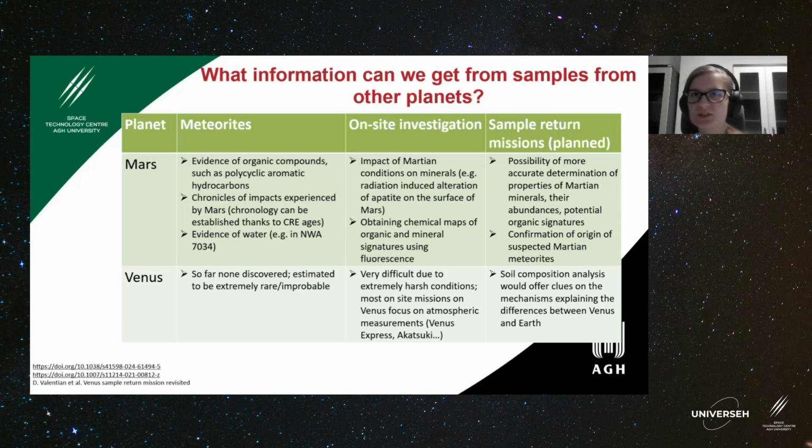On-site investigation of the Martian environment informs about the impact of Martian conditions on minerals. For example, such a mission confirmed that apatite is constantly altered by radiation on the surface of Mars, because the Martian atmosphere, in contrast to the Venusian atmosphere, is less dense than Earth's atmosphere.